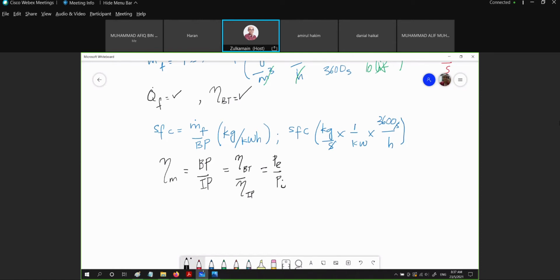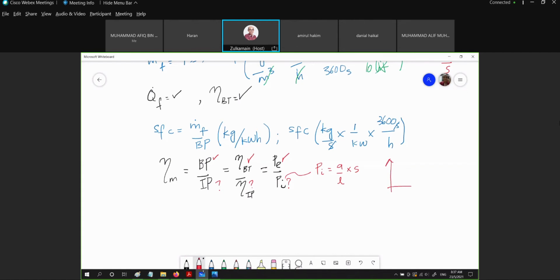Apa yang kita tahu? BP dah tahu betul. Ini dah tahu betul. Ini tak tahu. PE dah tahu. Betul. Ini tak tahu. Ingat, kalau PI ni kita dapat dari persamaan apa? Untuk PI kita akan dapati persamaan daripada indicator diagram, A over L time by S. Daripada kita punya indicator diagram ya.